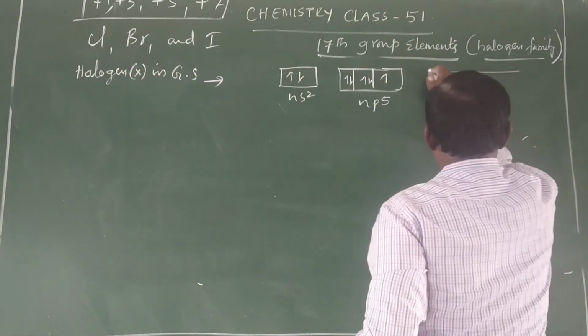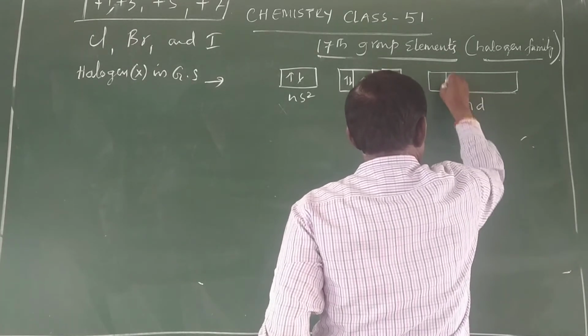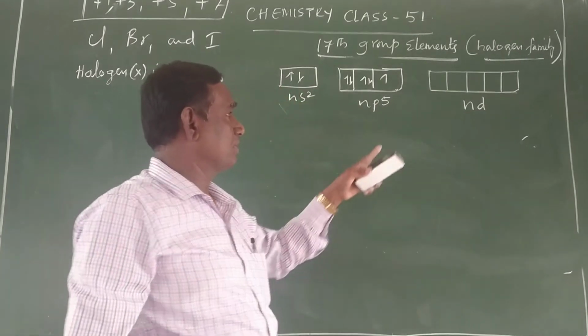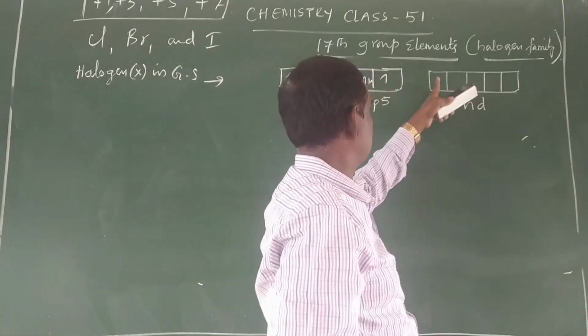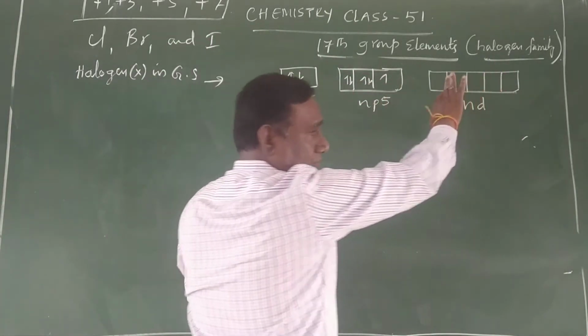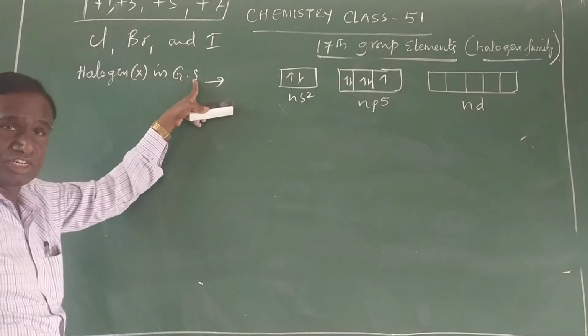And here there are some vacant nd orbitals: 1, 2, 3, 4 and 5. These are vacant because it is the ground state.